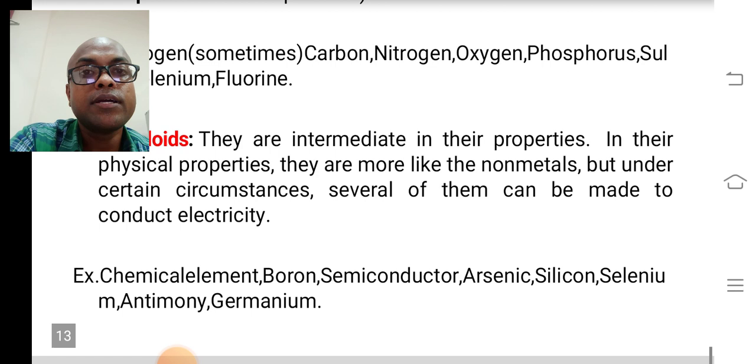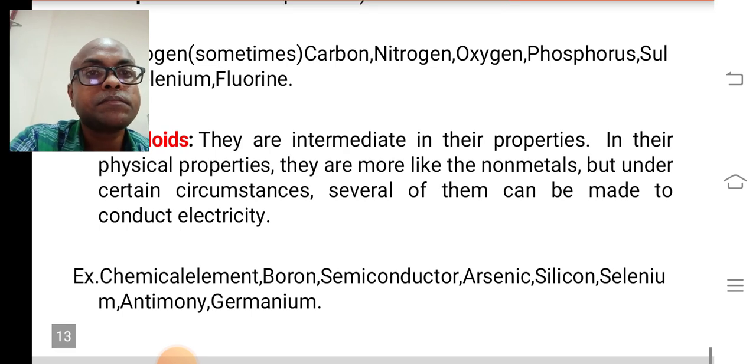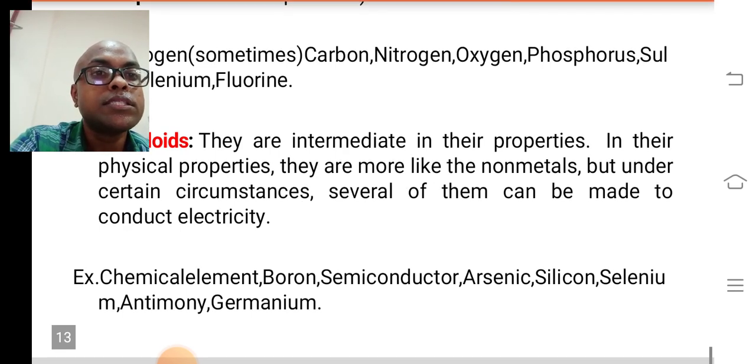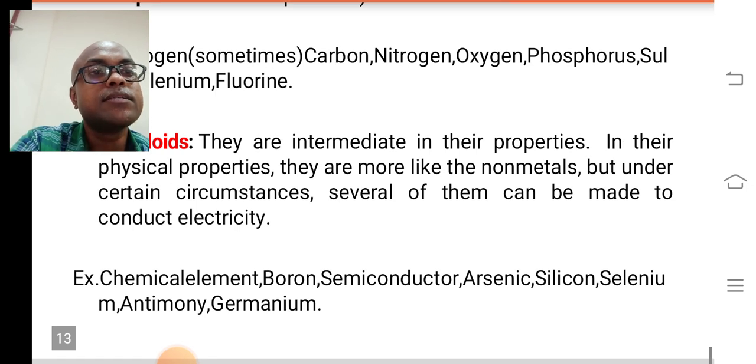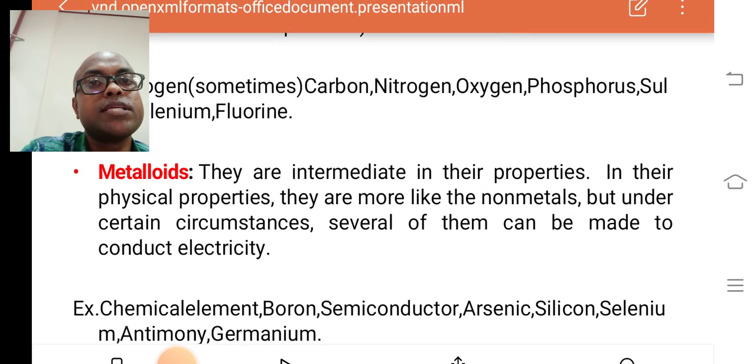For example, the chemical element boron, a semiconductor. Other examples are arsenic, silicon, selenium, antimony and germanium. These are the examples for metalloids.